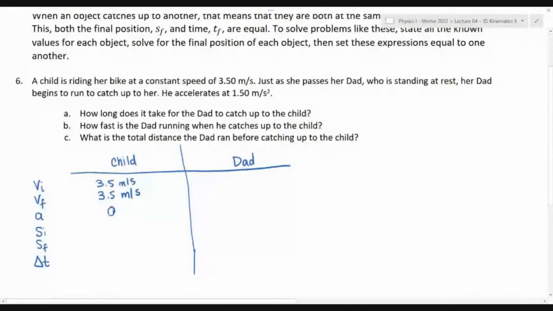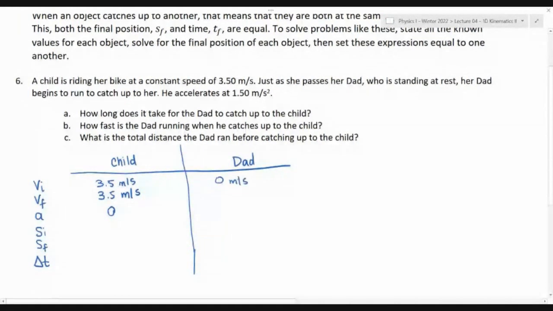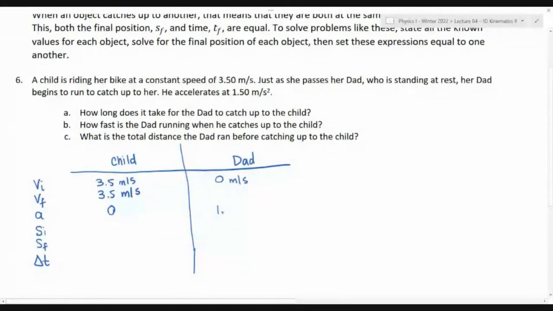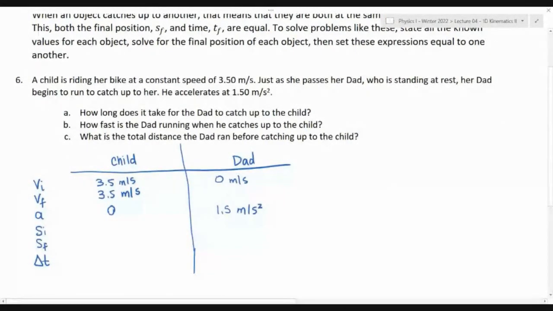Acceleration is 0. Good. Her dad, who is standing at rest, meaning that his initial velocity is 0, begins to run to catch up to her. His acceleration is 1.5 meters per second squared. How long does it take for the dad to catch up to her?